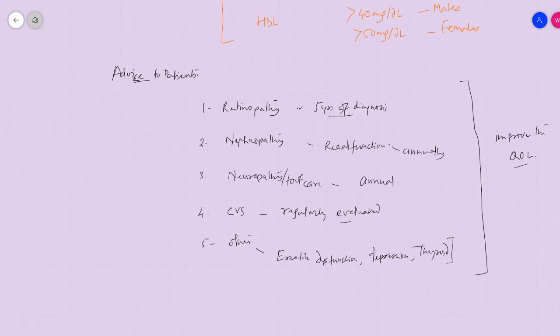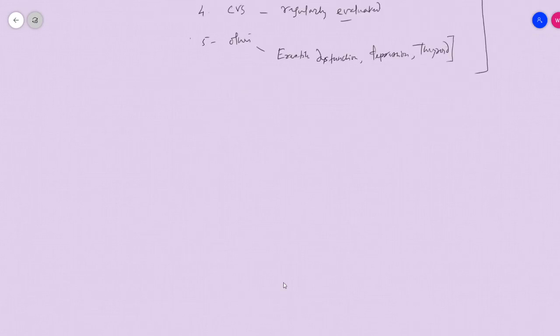Which brings us to the landmark studies for type 2 diabetes mellitus. The most important study, as we mentioned previously, was the UKPDS, the United Kingdom Prospective Diabetes Study.